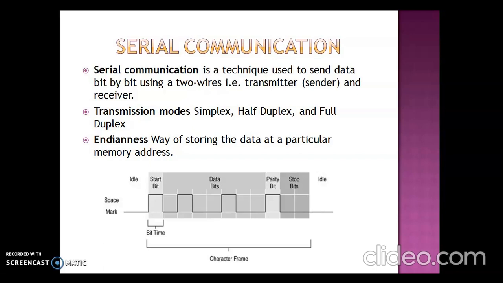So once we have selected the number of bits we want to transfer within a data frame, now the endianness will take care of how the data will be stored at a particular memory address. We have studied 2 types of endianness, the Little Endian system and the Big Endian system, for storing the data at particular memory addresses.